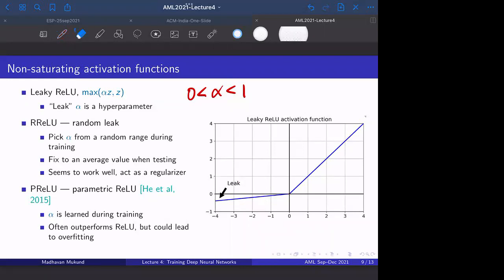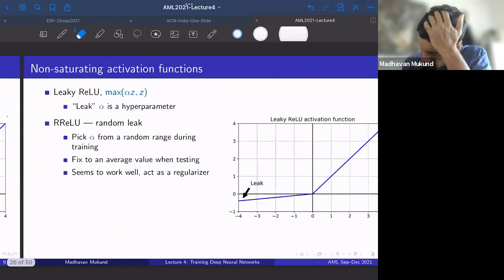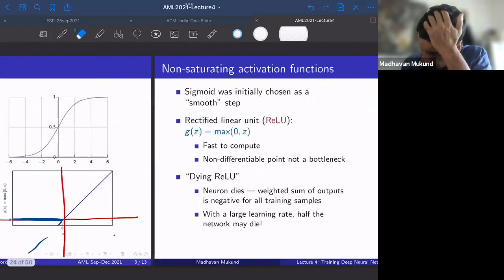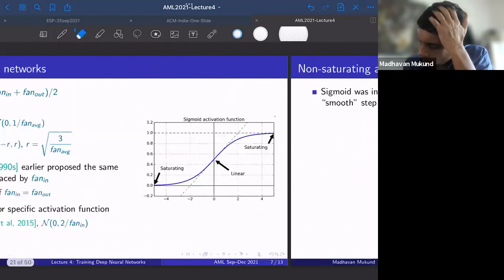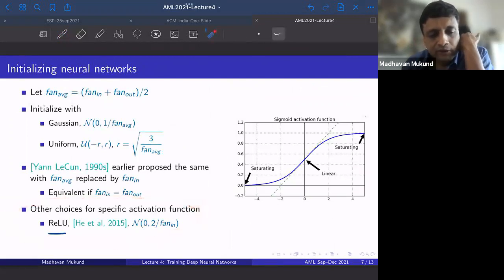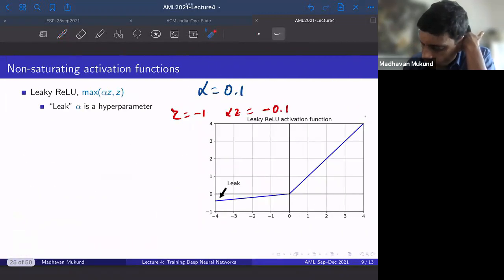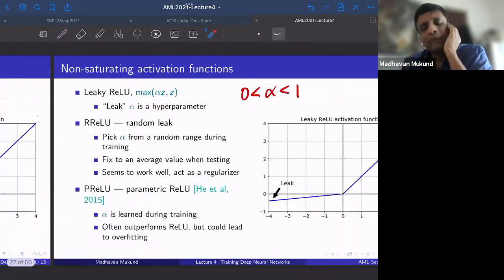So the other thing that you can do, if you remember, I had earlier shown you this initialization function for ReLU, this 2 by fan-in. In that same paper, they define what is called a parametric ReLU.